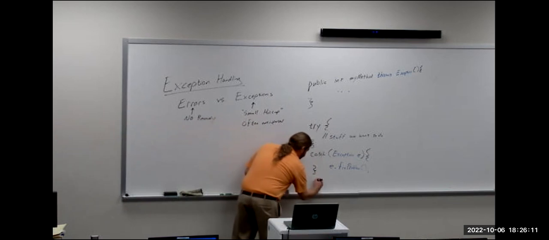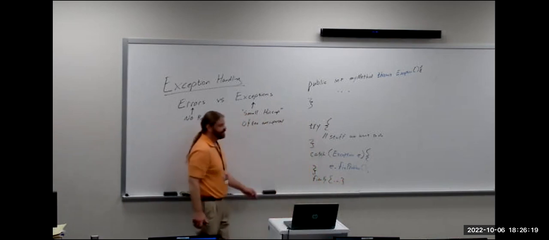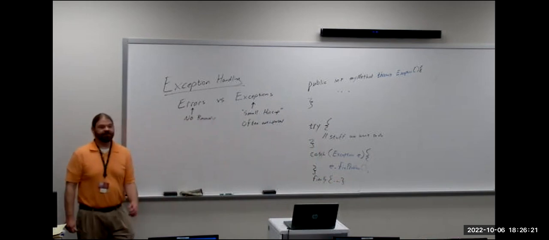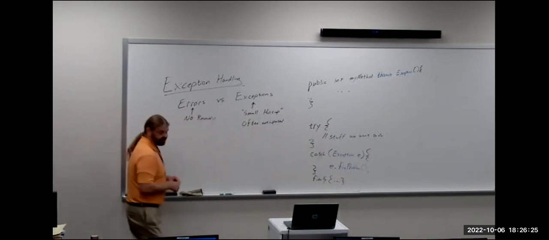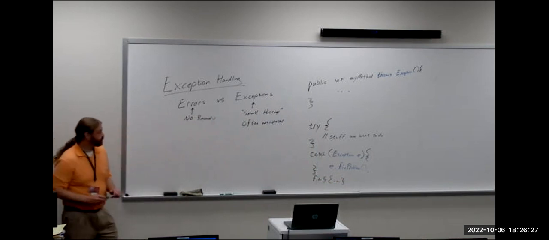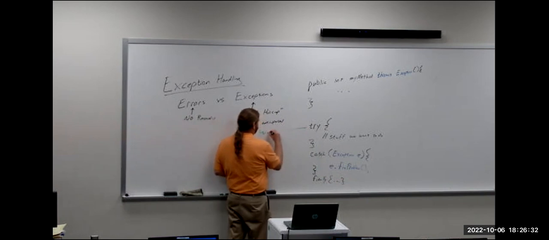I guess there is one more word I could write up here in the example. After that, we have the keyword finally. And I'm very much out of room, so I'm just going to write finally and some dots. But the keyword finally is the code that's going to run no matter what. So, rewrite that one more time. Try is what we want to happen.